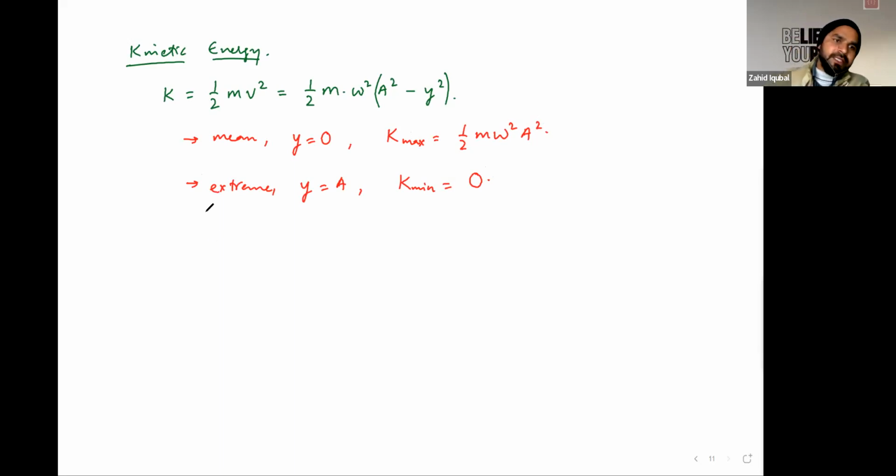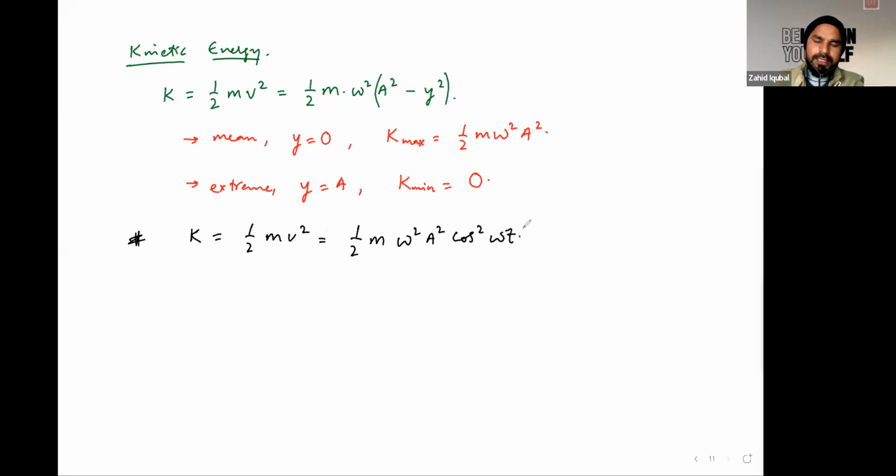Again, we may define this kinetic energy in terms of a time-dependent function. Kinetic energy is equal to half m v squared, half m. If you put v equal to omega times a cos omega t, it will become omega squared a squared cos squared omega t. Now we have to transform this square term into linear power.